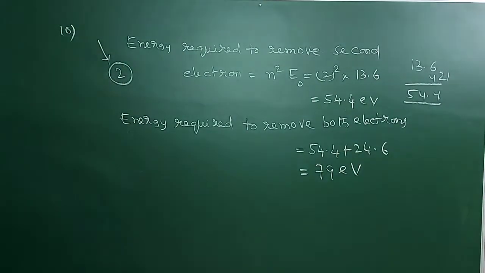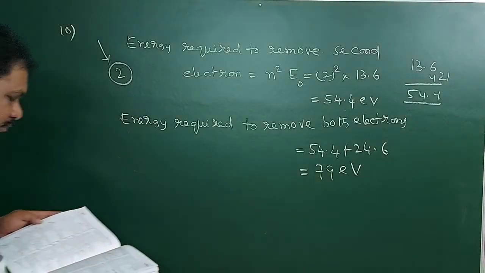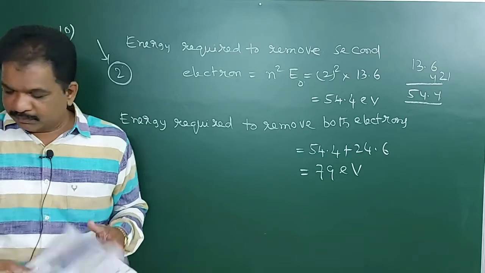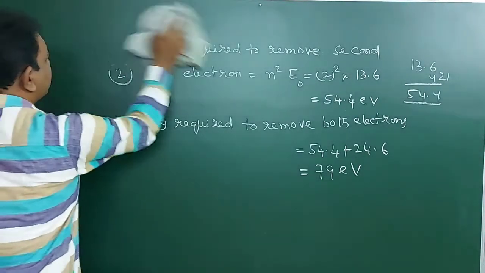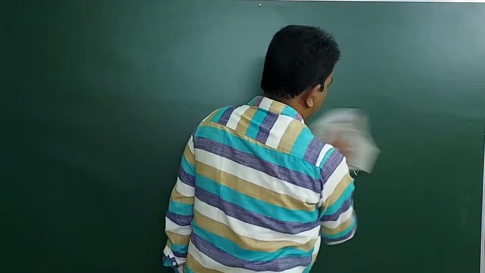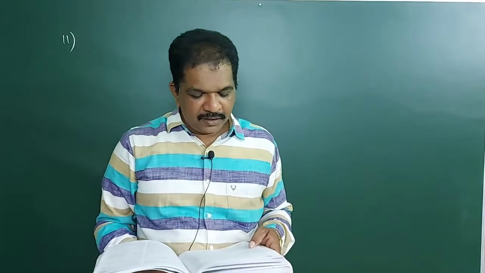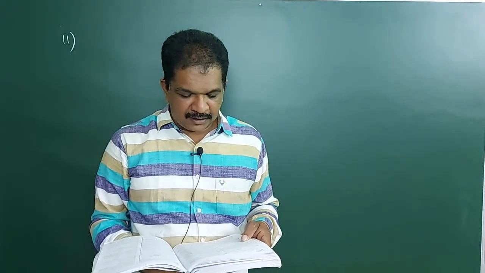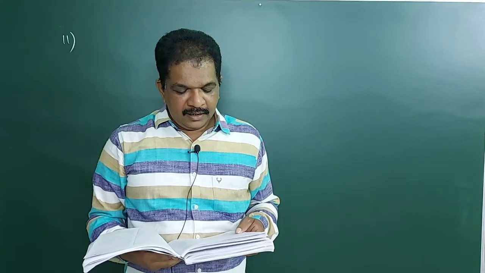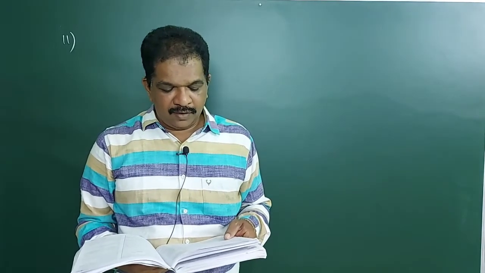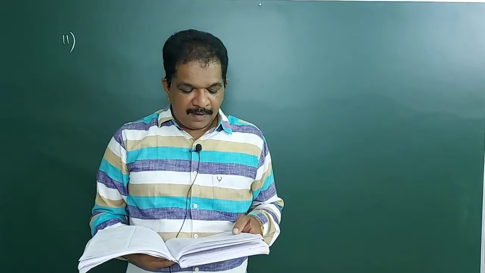Next, see the 11th question, what they are asking. The figure shows the energy levels of a certain atom. When the electron de-excites from 3E to E, an electromagnetic wave of wavelength lambda is emitted.